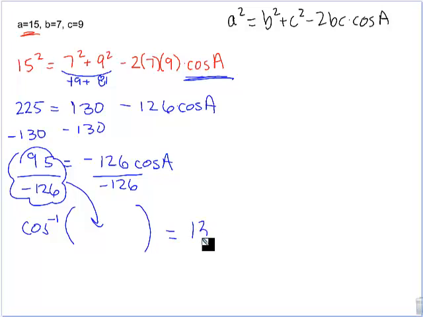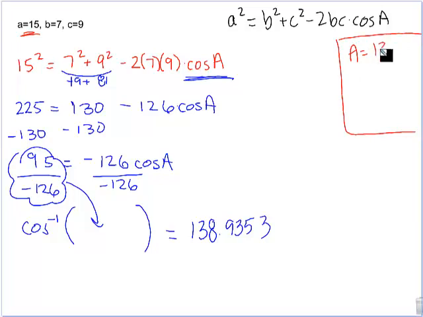And once again, we want to leave this to 4 decimal places, so we use that to kind of stay exact. Okay, so there we are. So in our final answer here for angle A, what would we say it is to the nearest degree? 139. Yep, 139 degrees.